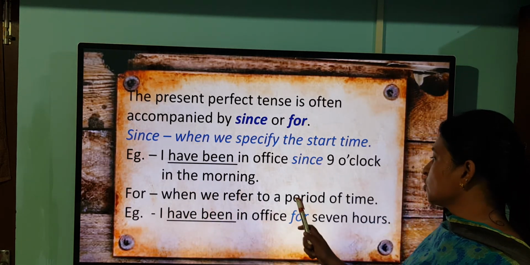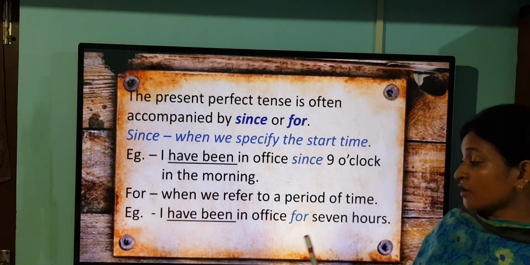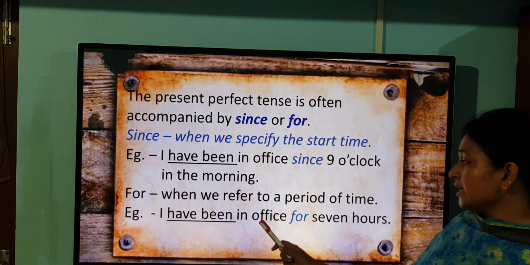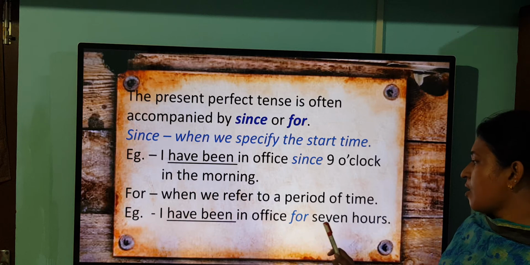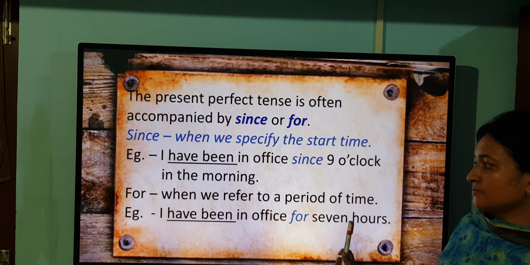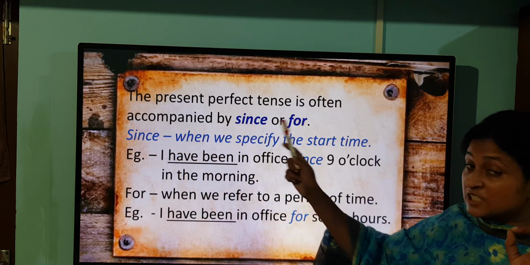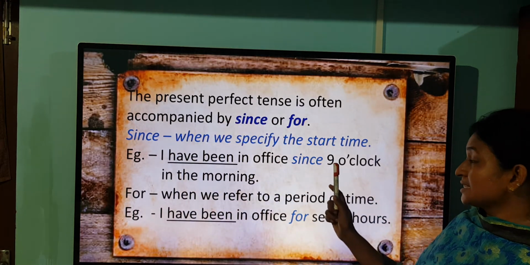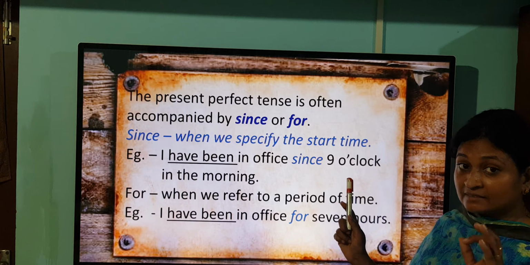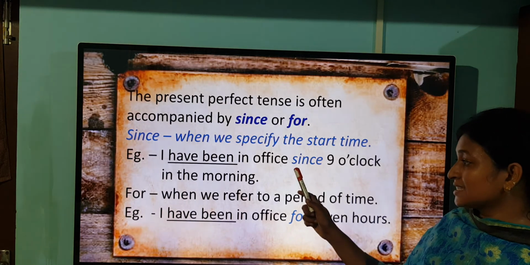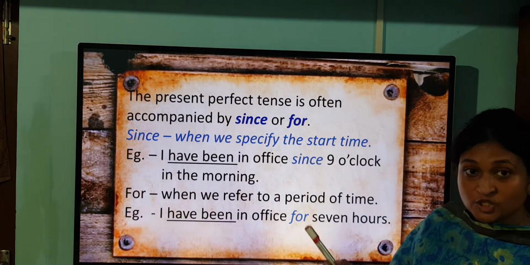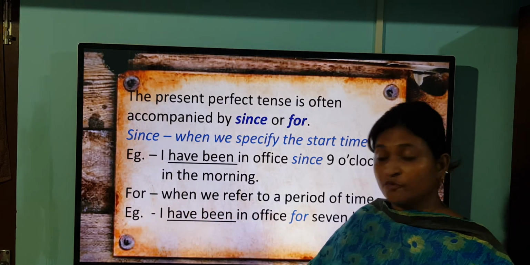When we refer to a period of time, that is a duration of time: I have been in office for 7 hours. Is it clear? For and since. Since is used for a specific time, that is 9. Whenever the exact time or date is given, you write since. And when there is a duration or a period of time, we use for.